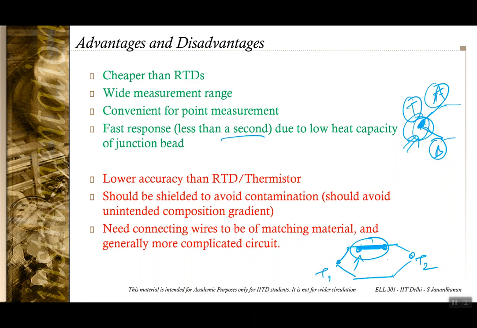And there is no guarantee both the junctions are at the same temperature now. So this is again going to cause a spurious reading. So the purity or the consistency of these materials, and maintaining that, is very important in case of a thermocouple. Shielding of the entire thermocouple is also very important, or else you would need connecting wires of the matching material, which would lead to a more complicated circuit.